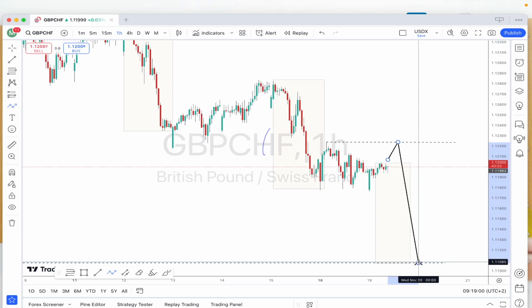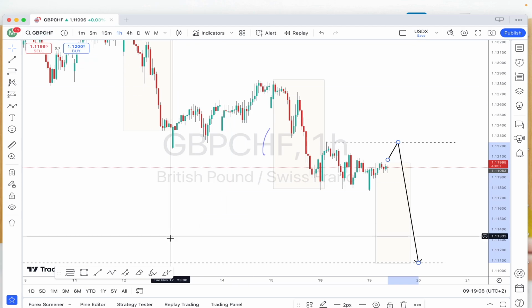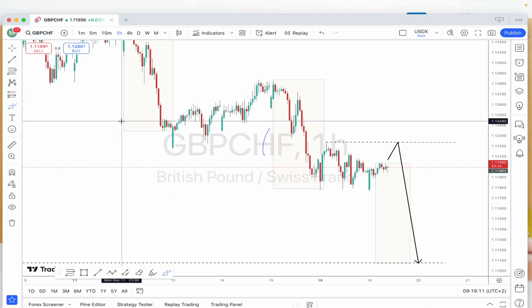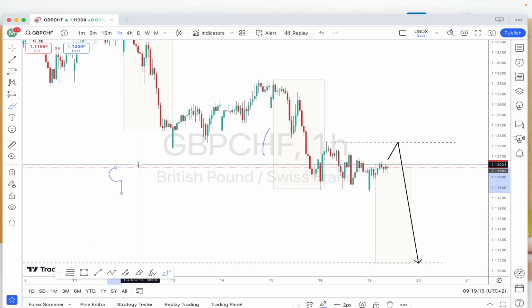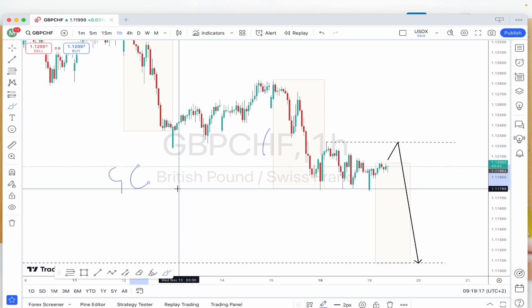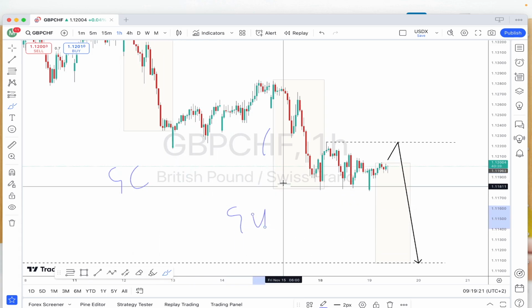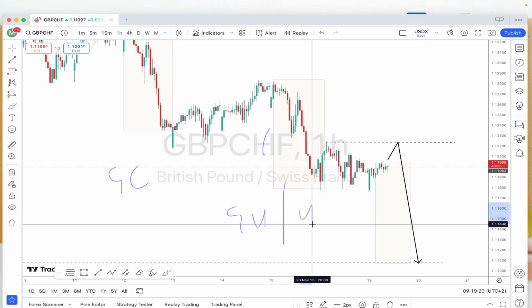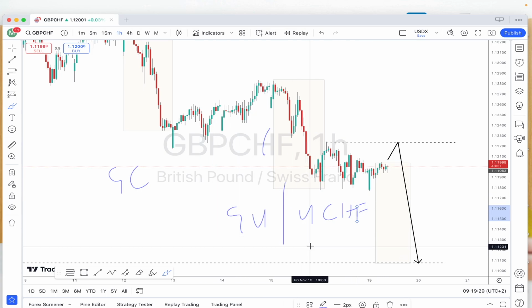Now if you do correlation of pairs, or disparity of pairs, whichever way you want to put it, because this is GBP CHF, that means either GBP USD or USD CHF will consolidate or won't have an effective move.